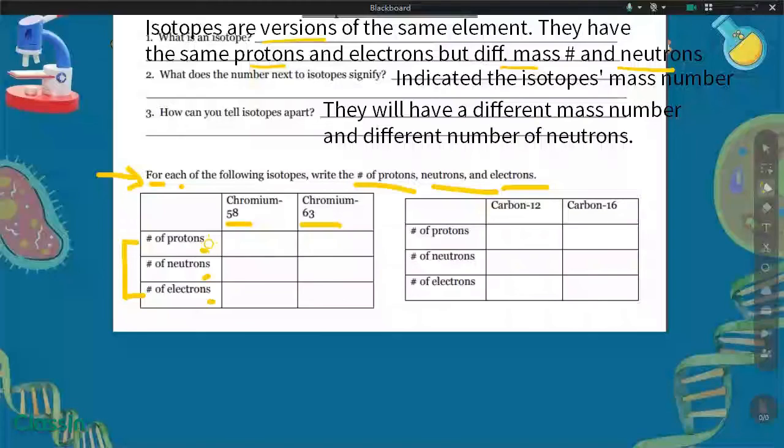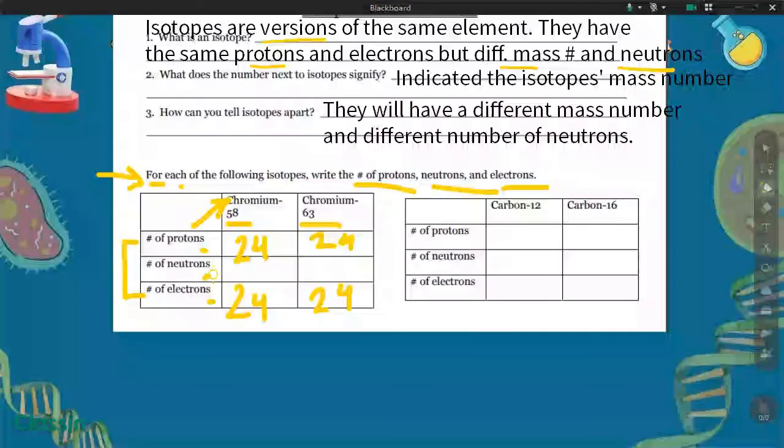So for the protons of chromium, we need to find the element's atomic number. If you look at the table of elements, chromium has 24. So the number of protons here is 24, as well as the number of electrons, for both of these since they are the same element.